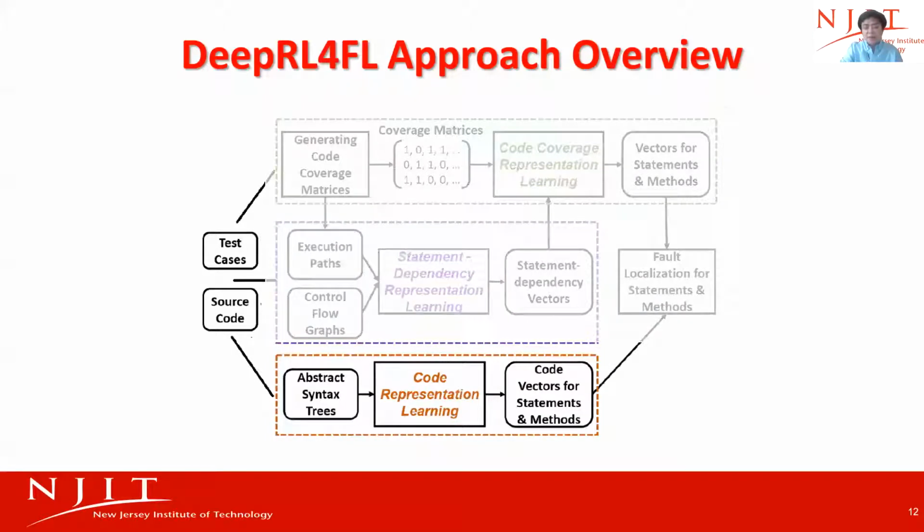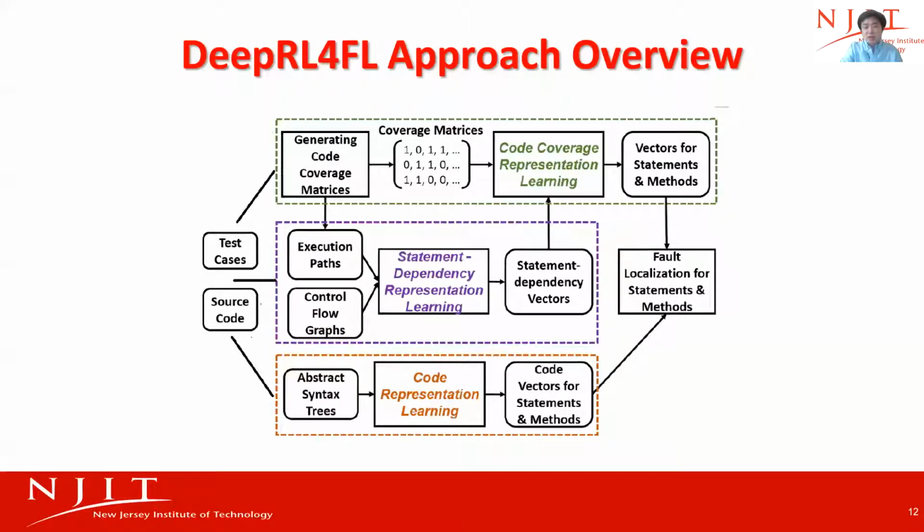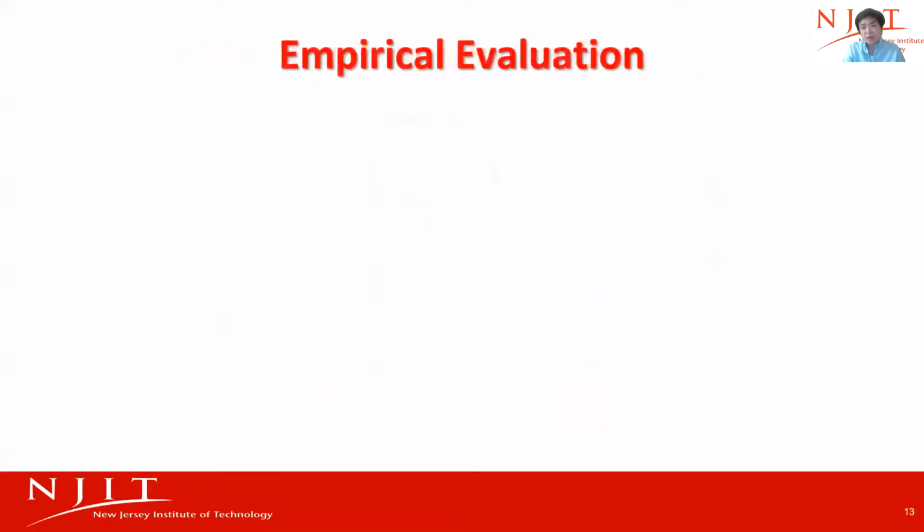And then based on our original source code, we generate an abstract syntax tree, and we do the code representation learning on these trees to catch the tree structure and the tree content. In the end, by combining all the information from these three main steps, we do the localization for the statements and methods.